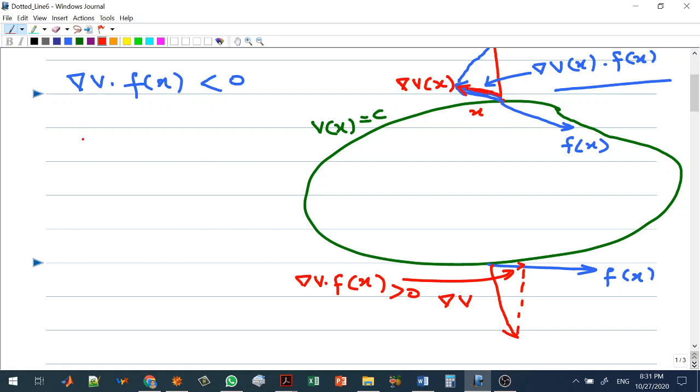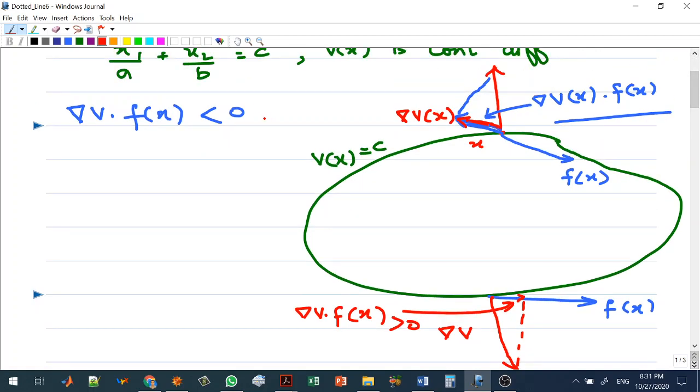So we saw that if the vector field is pointing inwards of V(x), we write it here, f(x) pointing inwards.